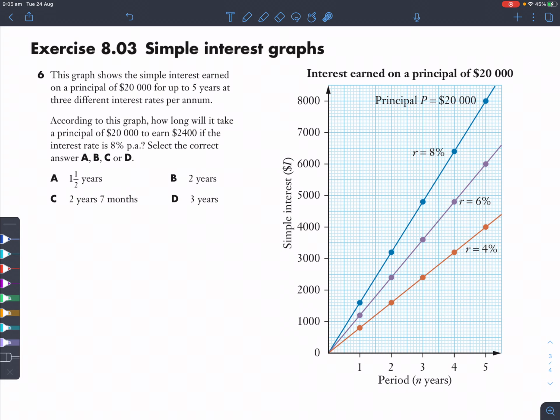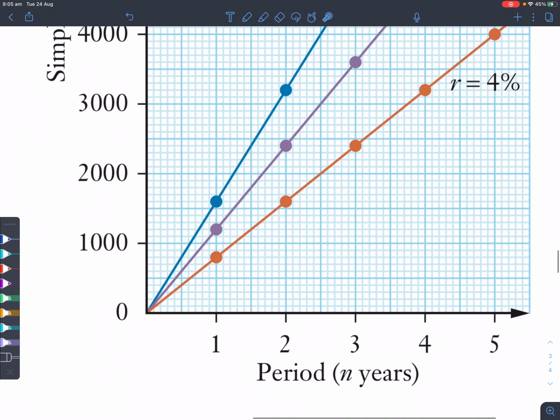Just remember that. According to this graph, how long will it take a principal of $20,000 to earn $2,400 if the interest rate is 8% per annum? If it's 8% per annum, that means we're looking at the blue line. With the blue line, I'm going to look at 2,400, which is here, because there's 10 squares here, each square goes up by 100.